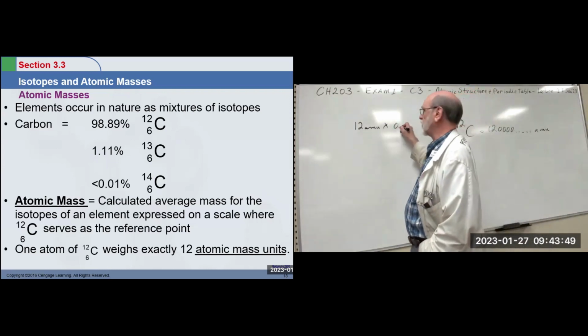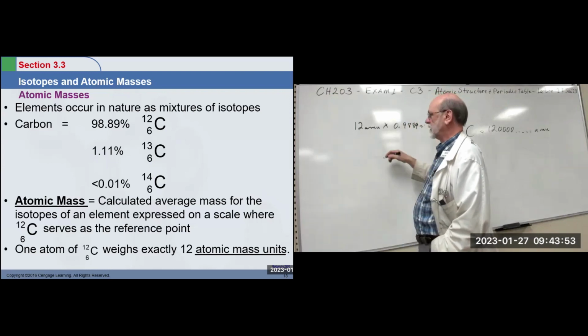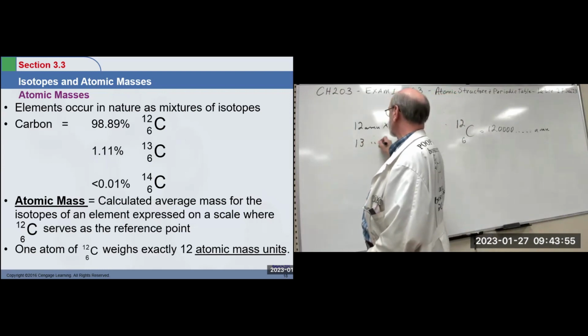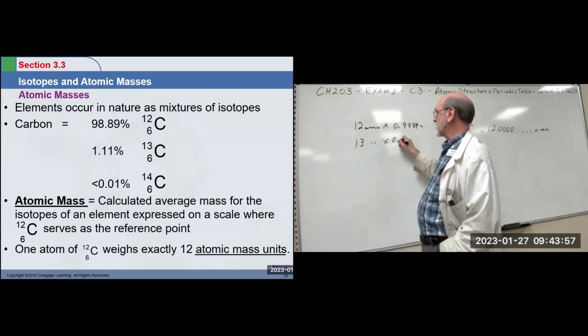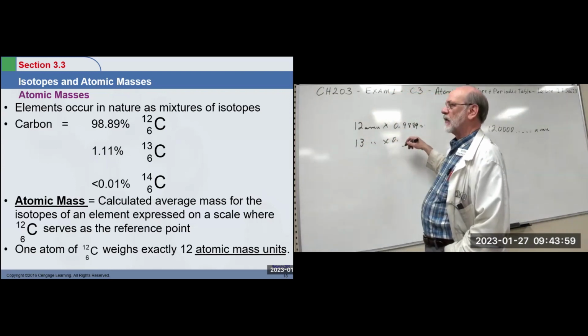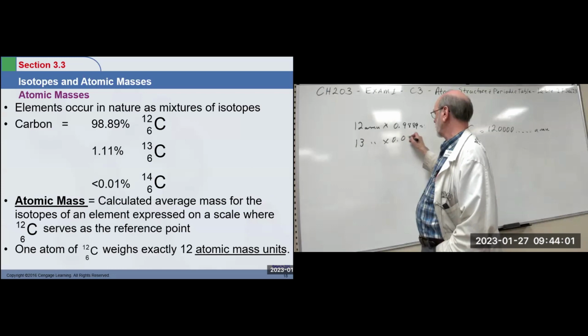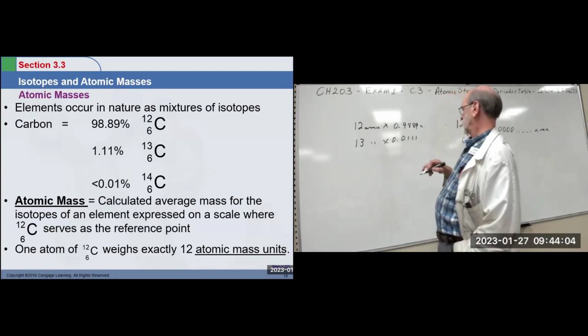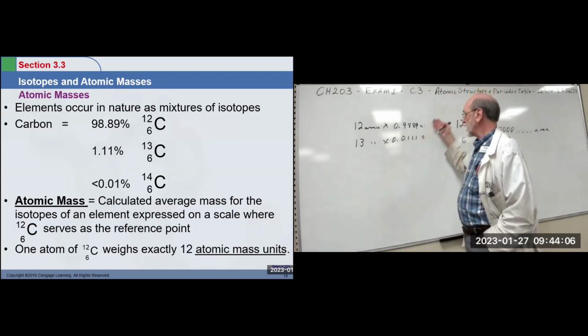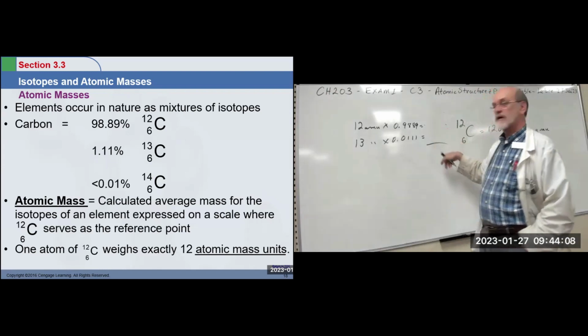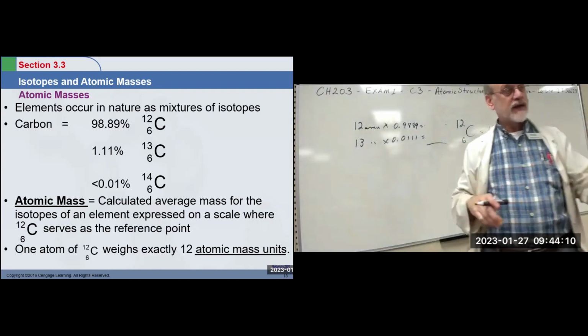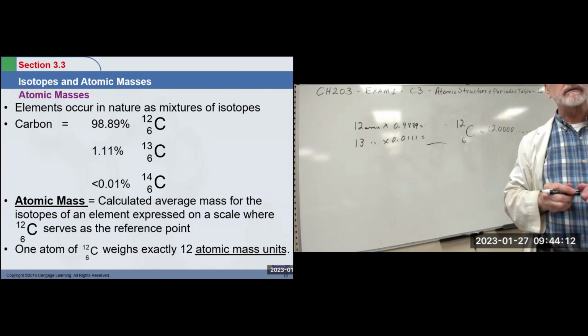So this will be times 0.9889. That's a value. And then we have 13 atomic mass units times its percent, which is 1.11. All right, yeah. And then we get a value here and a value here, and we add them together. That's their weighted average atomic mass.